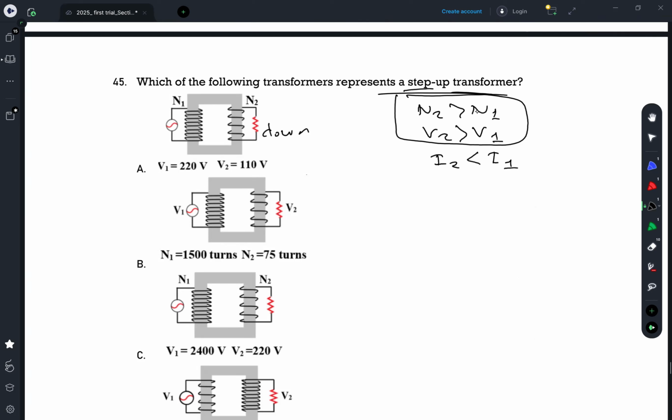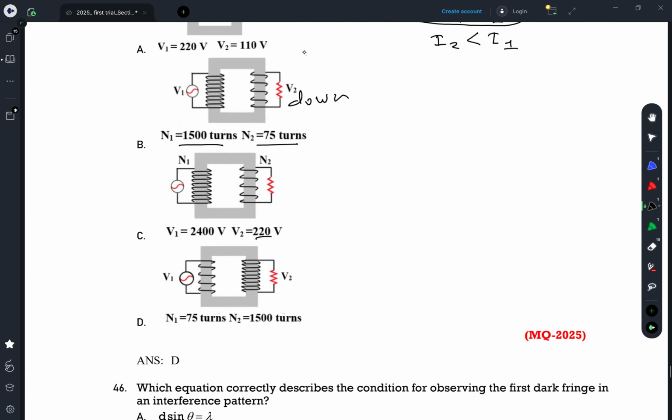B, N2 is less than N1, but it should be greater than, so this is also down. C, V2 is less than V1, also step down. But D, N2 is greater than N1, this is up. This is the correct answer.